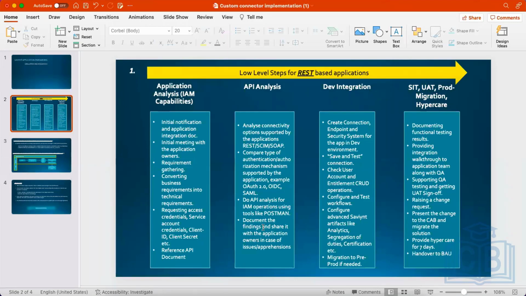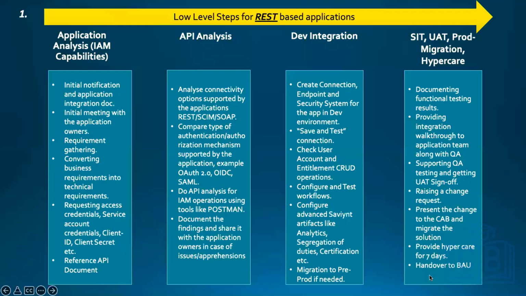Because tomorrow, if the client asks why we are not managing a particular entitlement a certain way, you can tell them firstly this is how the API has been implemented. The API has been implemented by the application team, hence you can only consume those APIs. You are not creating those APIs. So this kind of documentation and getting a sign off from the client saves you from any kind of rework.